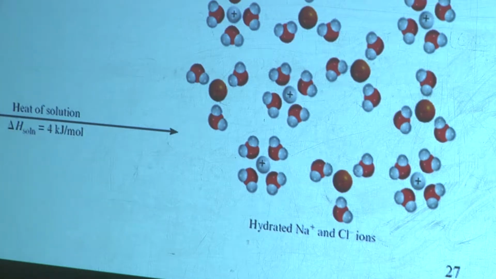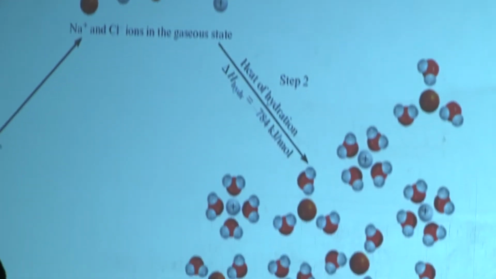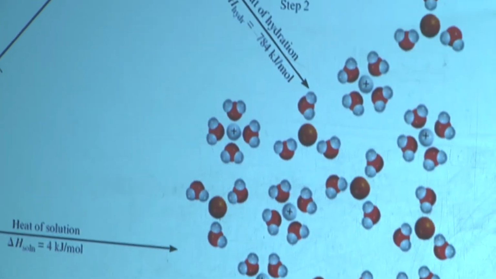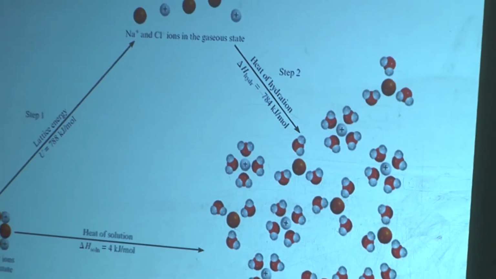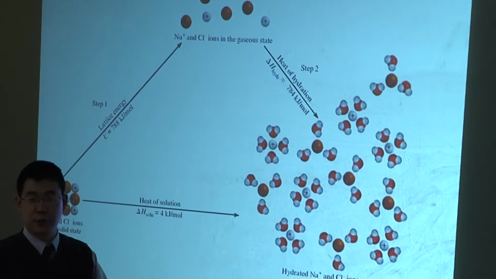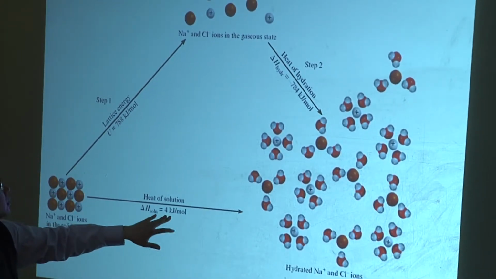What if we first pulled them apart, so you have the ions apart with no water around them, and then in a second step added the water? Right? That's kind of another illustration of how delta H is a state function. So when you go from here to here, there's a delta H associated with that. It's positive 4.